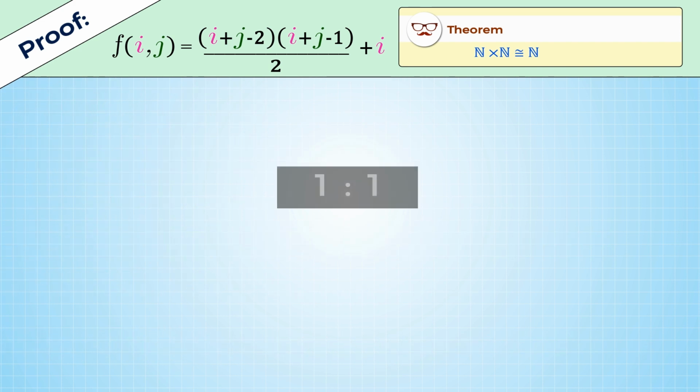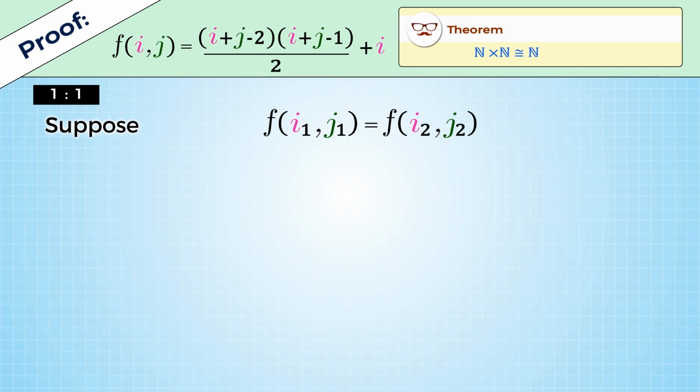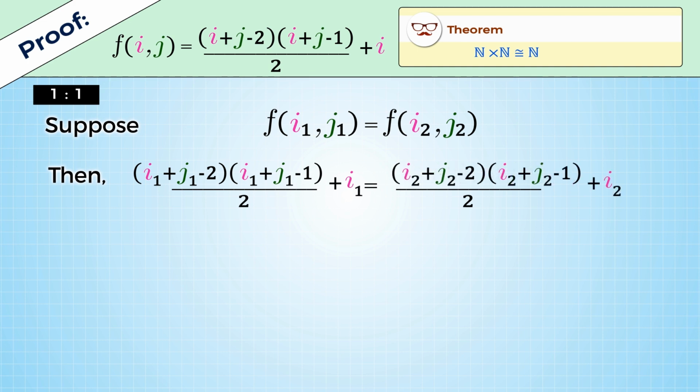Now that we proved that the function is onto, let's prove that it's one-to-one. Suppose f(i1,j1) is equal to f(i2,j2). Then (i1+j1-2)(i1+j1-1)/2 plus i1 is equal to (i2+j2-2)(i2+j2-1)/2 plus i2.